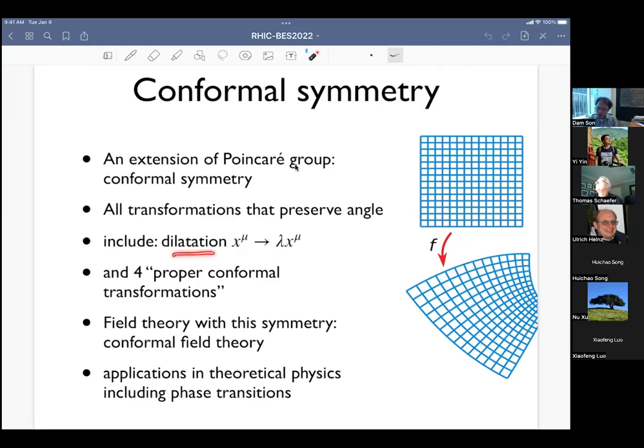In addition to dilatation, the conformal symmetry group also contains more sophisticated, harder to imagine transformations called proper conformal transformations. Quantum field theories with these conformal symmetries are called conformal field theories, and they have interesting applications in theoretical physics, including in the theory of second-order phase transitions.